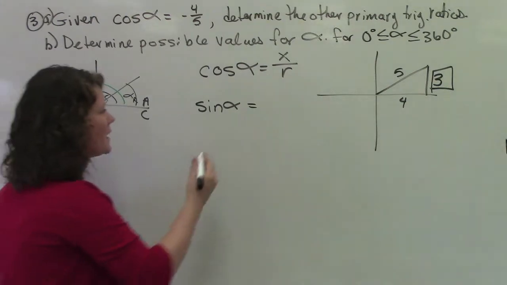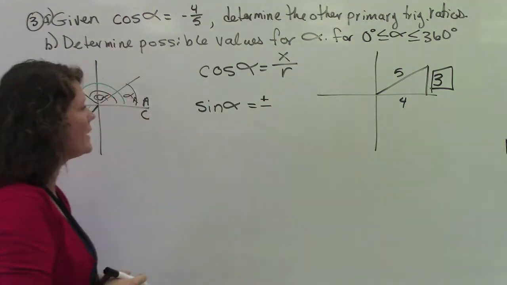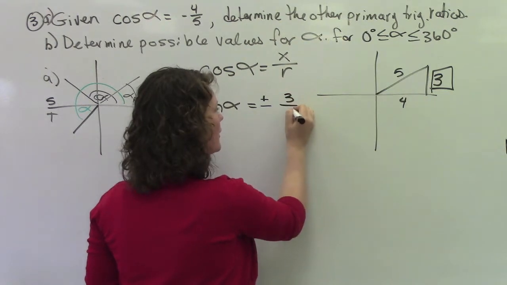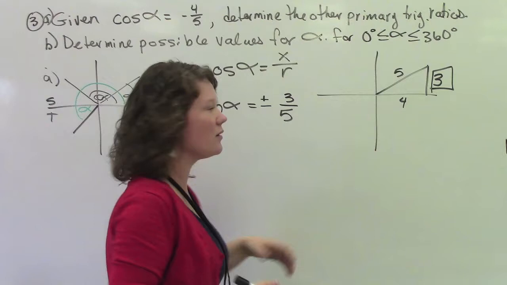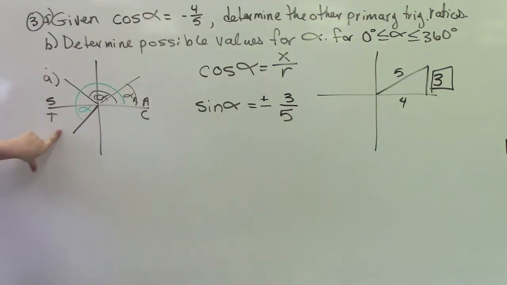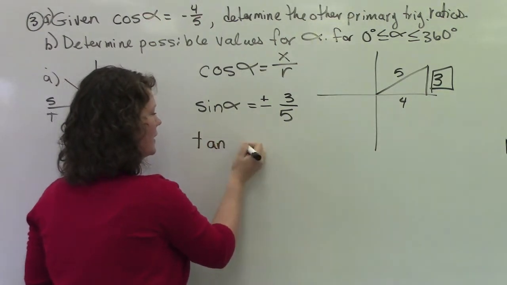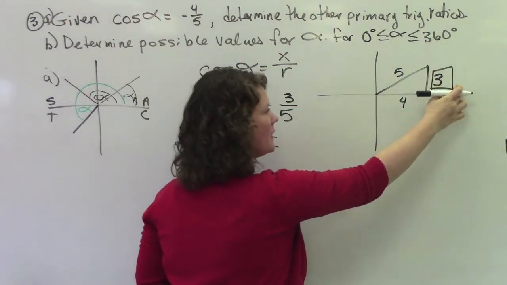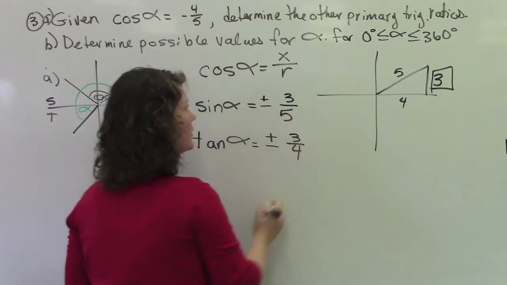The way that we denote this is we just say positive or negative, opposite over hypotenuse, 3 over 5. Tan is the same story. It's going to be positive in quadrant 3, but negative in quadrant 2. So we would say tan alpha is positive or negative, opposite over adjacent, 3 over 4.